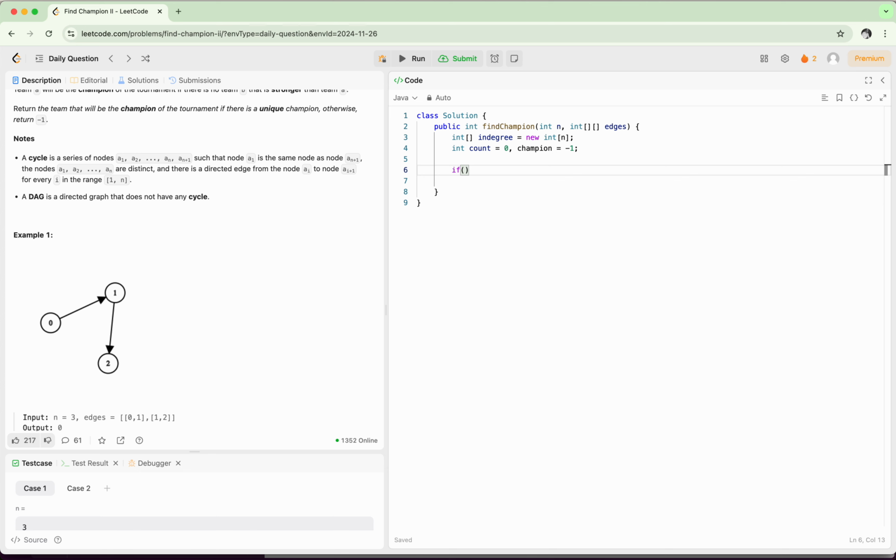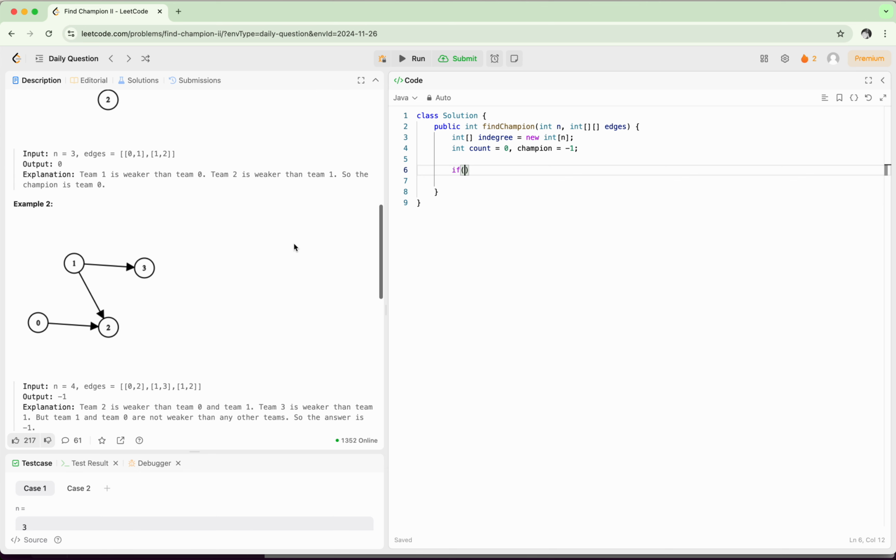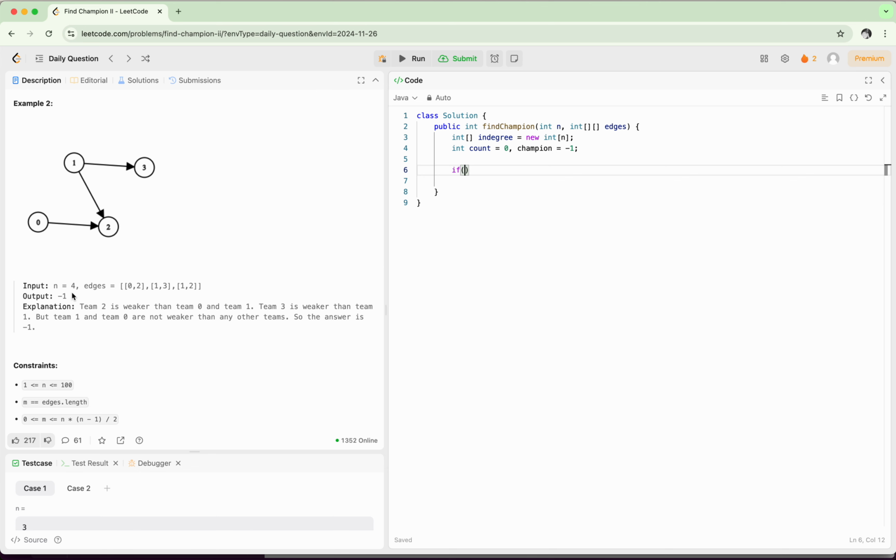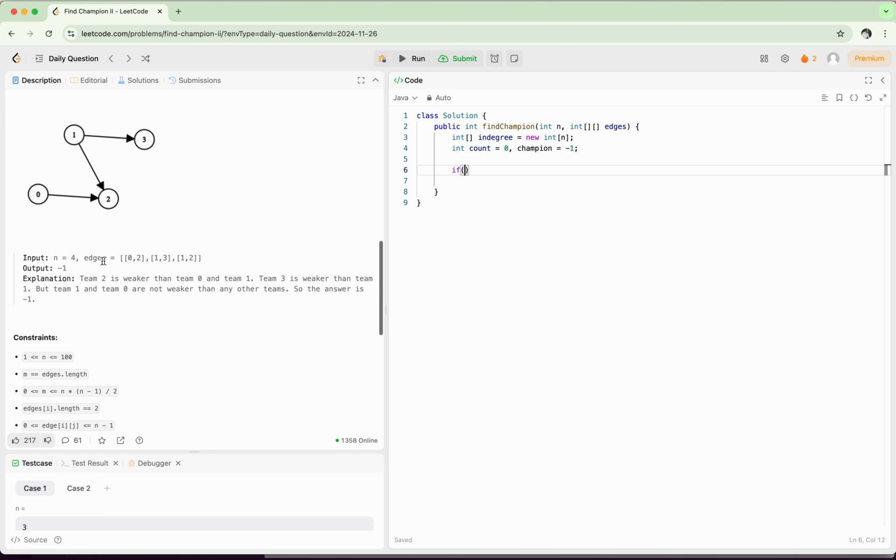Now, since in this case n is 4 and edges are 3, it could be possible that n is equal to... we will discuss these things later on. First of all we need to find the n degree of each and every vertex.